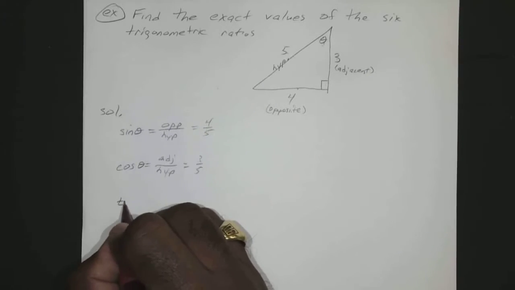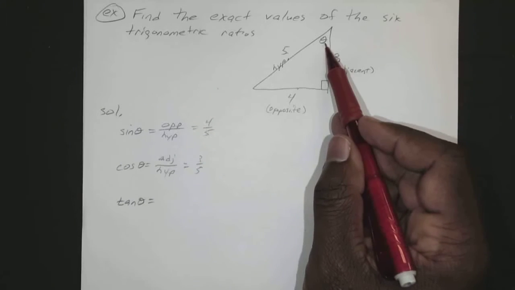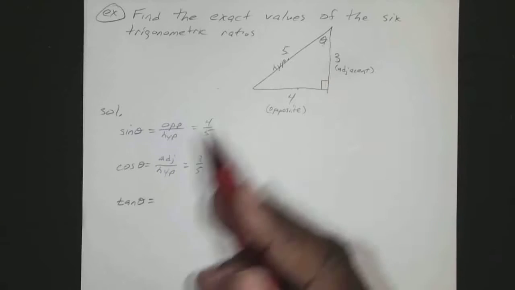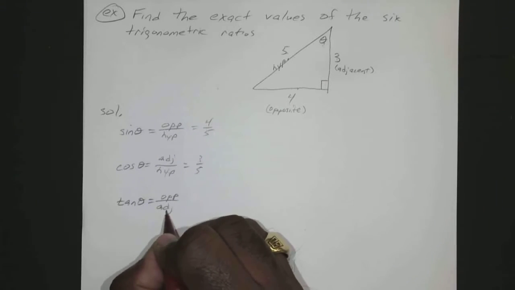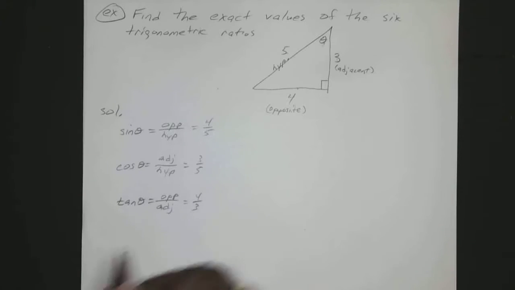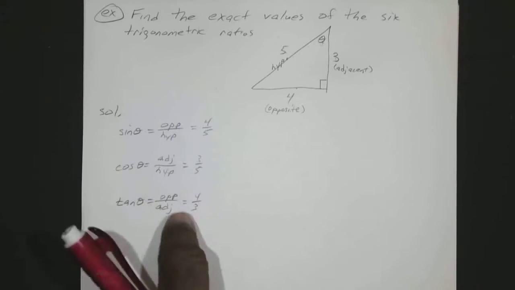And our tangent of theta is equal to opposite over adjacent, so you have 4 over 3. Now to figure out cosecant, secant, and cotangent, we just flip, flip, flip.